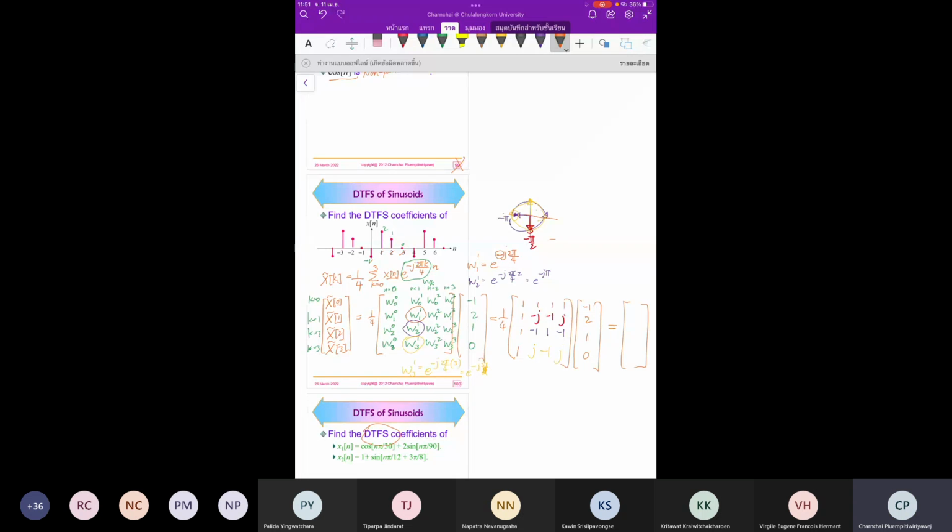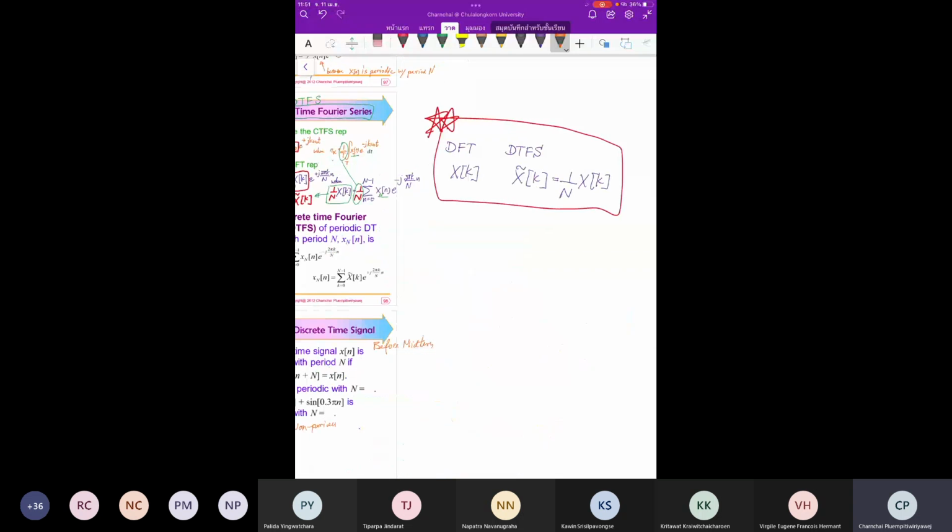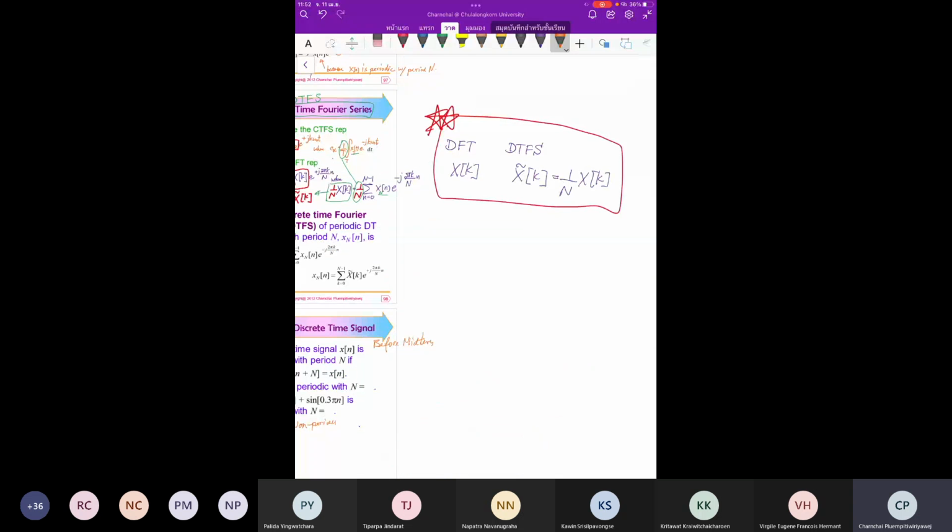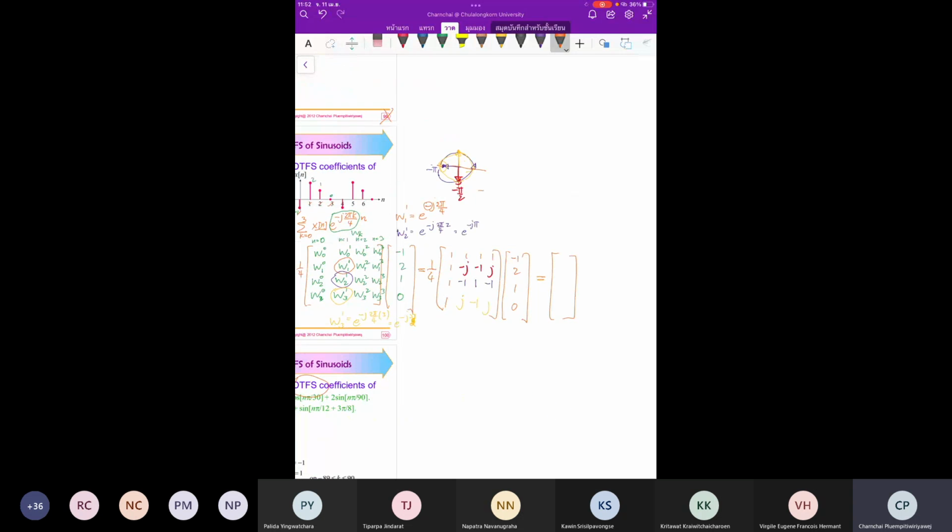DTFS or DFT. Okay, DFT or DTFS. These two are about just summation. There are no integrations. Okay, you just need a good calculator to calculate all the summations. All you can do is multiply the matrix like this. Okay, it's nothing hard but tedious.